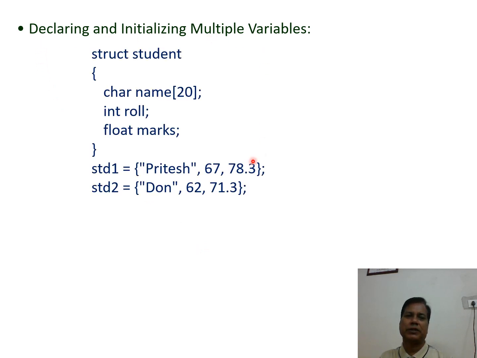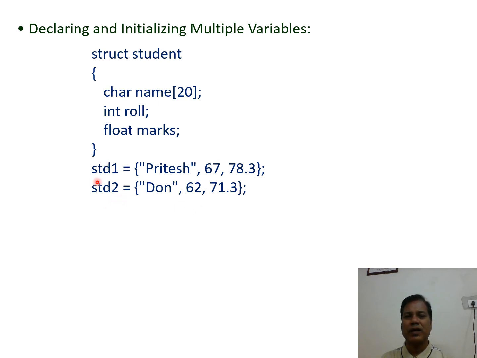Declaring and initializing multiple variables. In this example, again the structure students is declared that has three member definitions for storing the name of the student, its roll number and marks of the student. Simultaneously, two student variables are declared, student1 and student2.